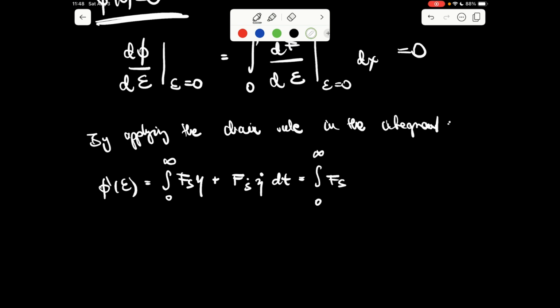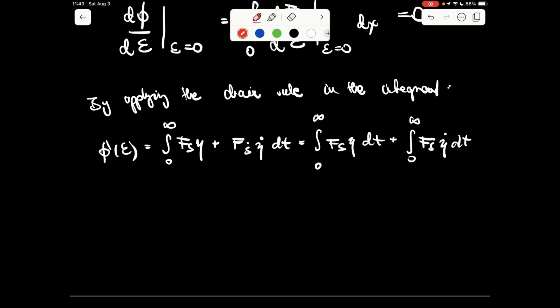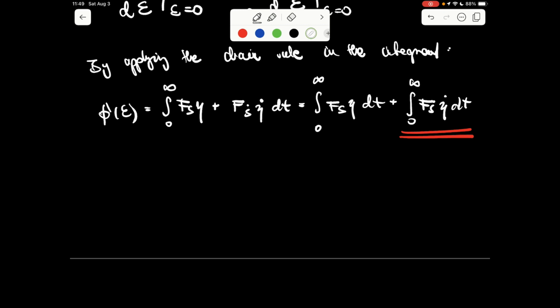This is the one, and this is the second, in which these are the partial derivatives, the first derivatives of f with respect to s and s dot. The second term on the right should be integrated by parts. And at the end of the day, we receive this solution.